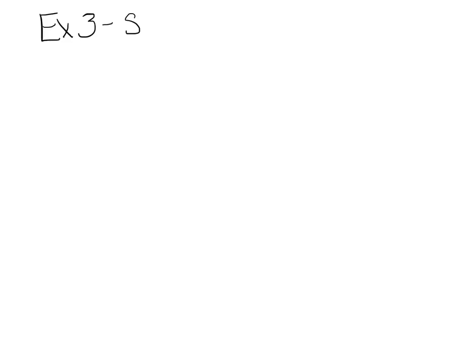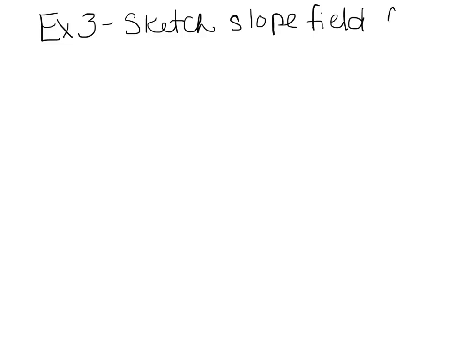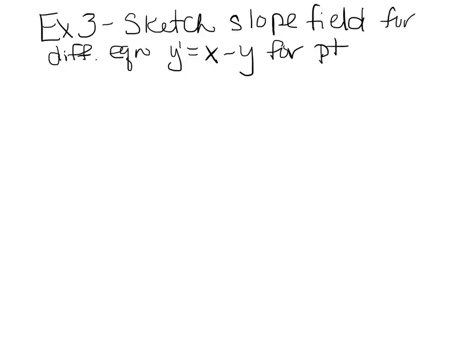For example 3, we are going to sketch the slope field for the differential equation y prime is equal to x minus y for the points -1, 1, 0, 1, and the point 1, 1.